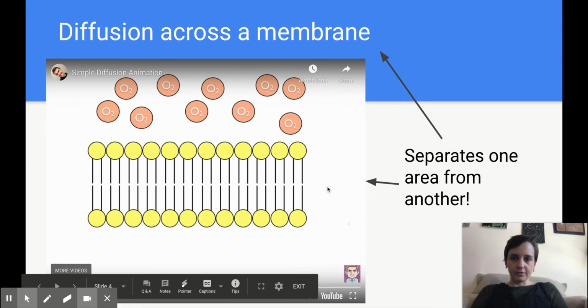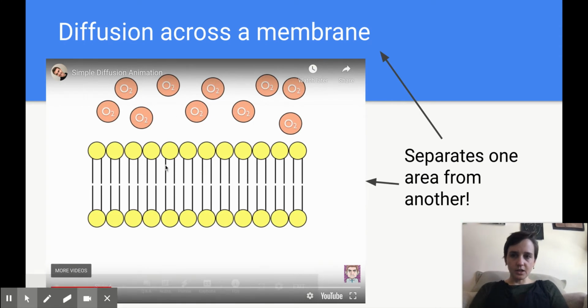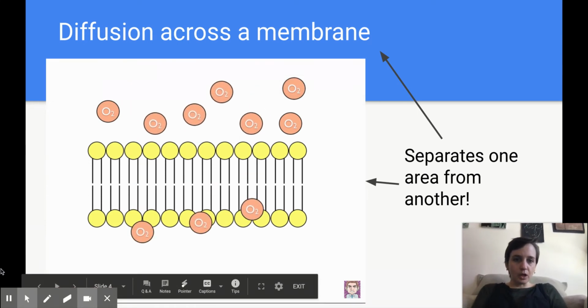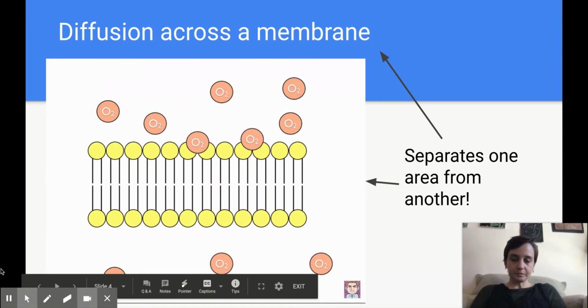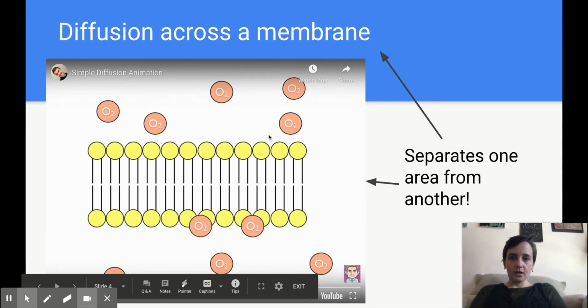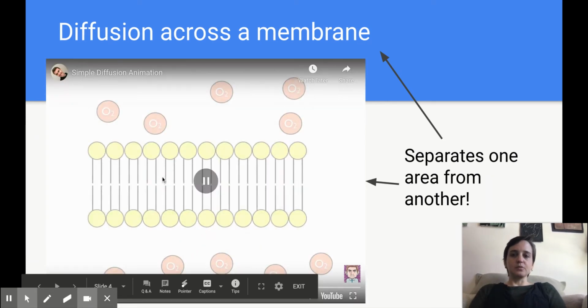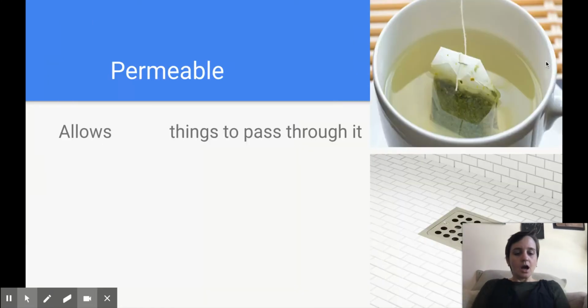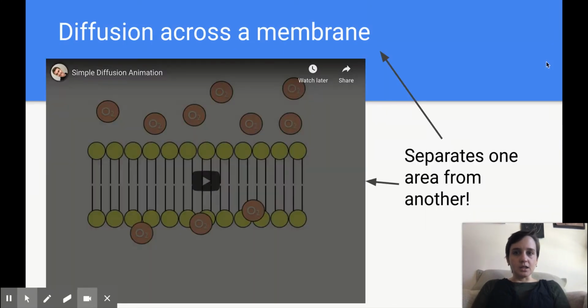Again, I have high concentration up here, low concentration down here, and they are simply going to pass through the membrane in simple diffusion. Okay. So this is super useful for really small particles, things like oxygen, things like carbon dioxide.